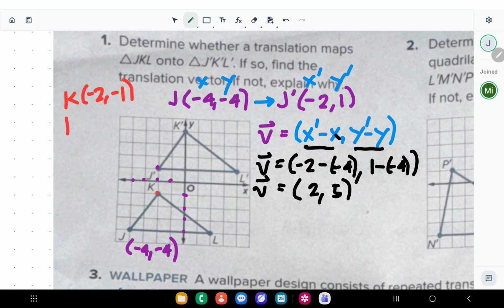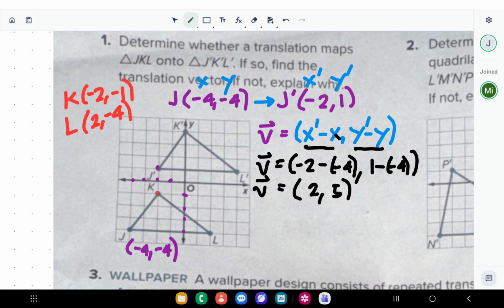Then L is 2, -4. Is it 2, -4, the L? 1, 2, 3, 4. Then K is -2, -1.